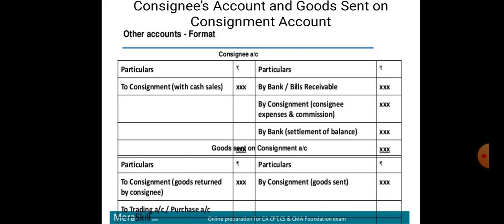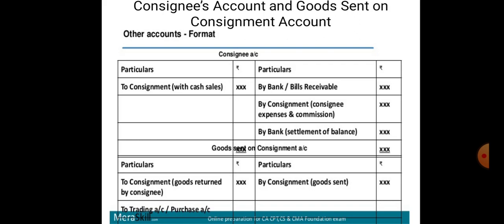And then comes the net amount received from the consignee. The bank settlement of the balance that is made to the consignor will be shown on the credit side of the consignee's account, and the balance would come to the credit side of the consignee's account.